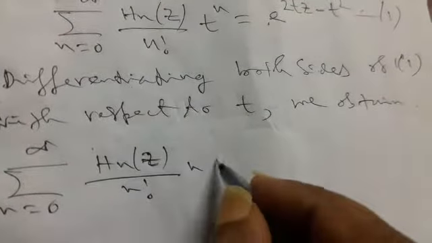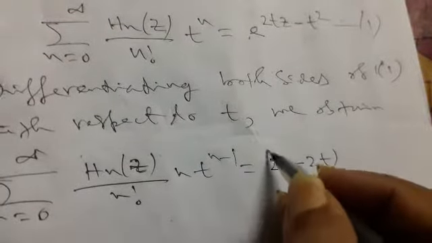sum of n equals 0 to infinity Hn(z) by n factorial, differentiated with respect to t, that is n t to the power n minus 1, and here we consider from the exponent, 2z minus 2t into e to the power 2tz minus t square, which implies sum of n equals 0 to infinity Hn(z) by n minus 1 factorial into t to the power n minus 1.